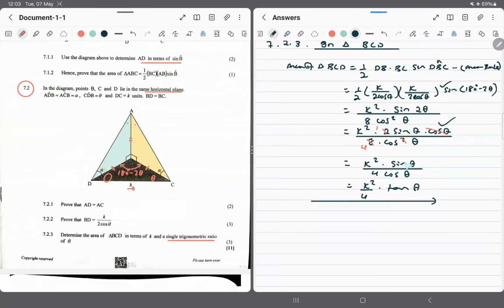And essentially using our tan identity here to get to that. So that is how those 3 marks are scored, and that's how the 11 marks should be taken. So again, fairly standard stuff, nothing really out of the ordinary.